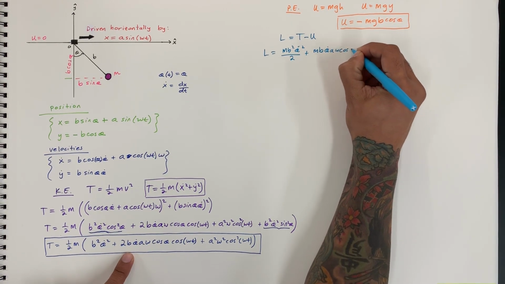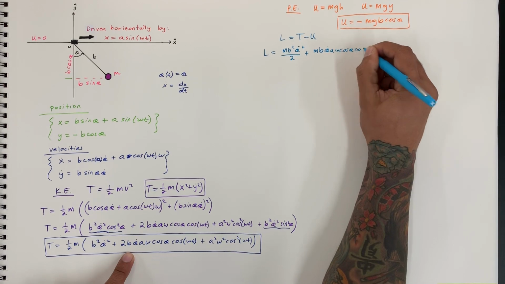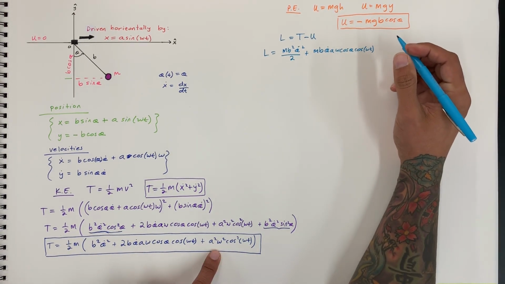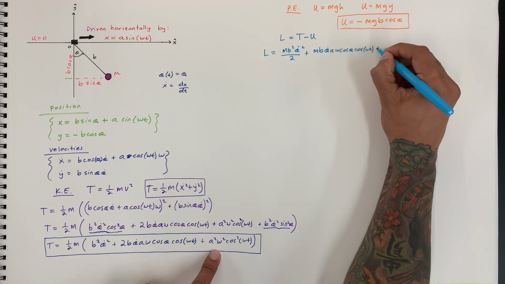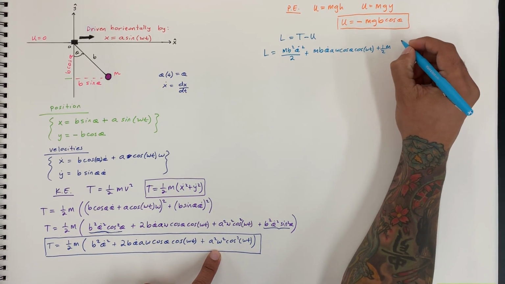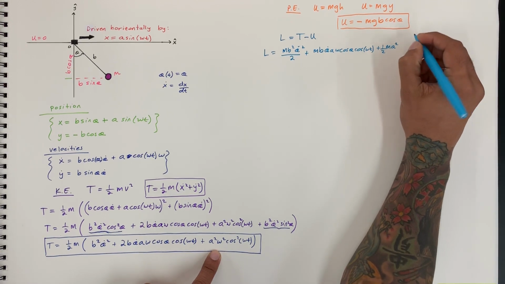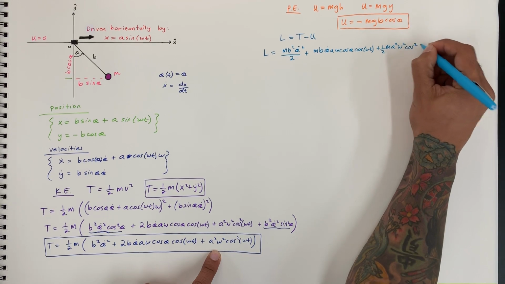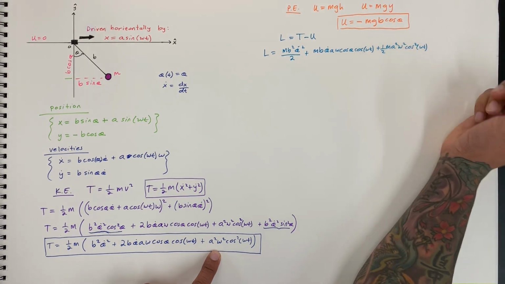This second term here, since the 2 cancels with the 2 on top, we're just going to have plus mb theta dot a omega cosine theta cosine omega t, and when we distribute this term over here, we have a plus 1/2 m a squared omega squared cosine squared omega t.